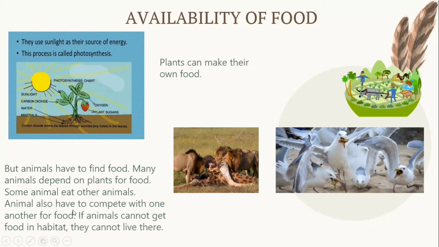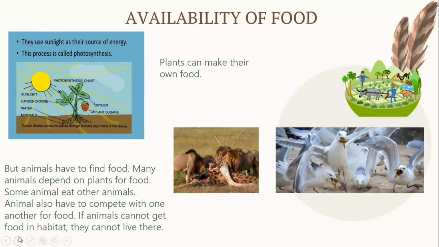Animals also have to compete with one another for food. If animals cannot get food in a habitat, they cannot live there. As you can see here, the lion eats other kinds of animals, and these birds need to compete with others to get food.